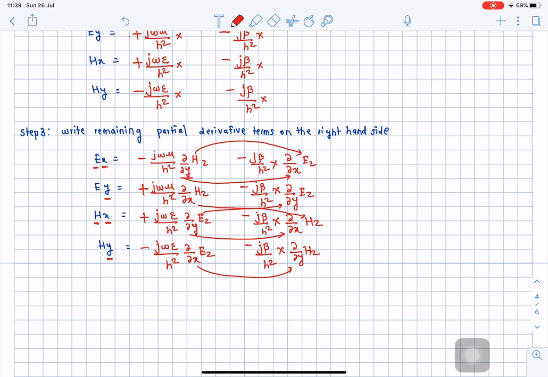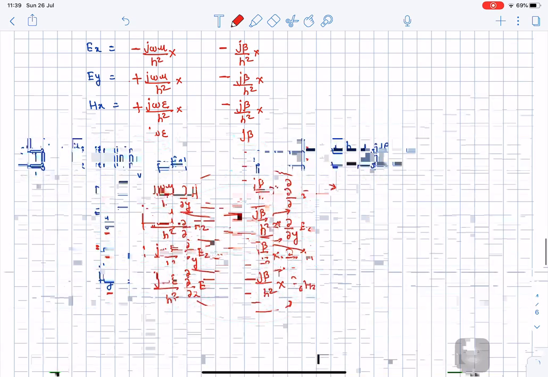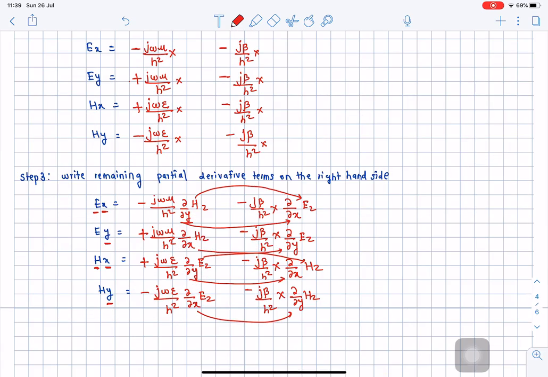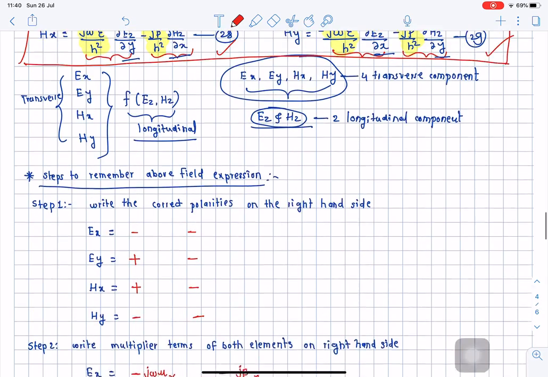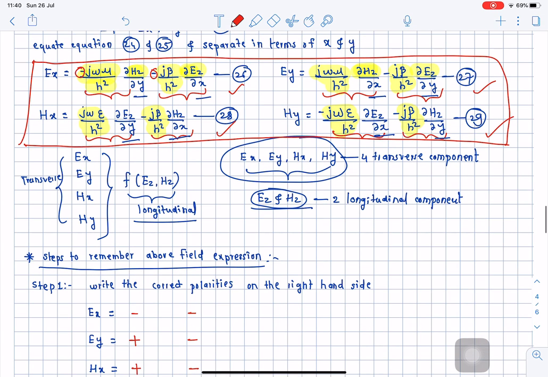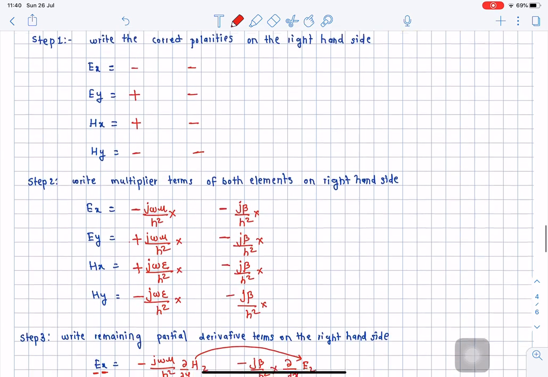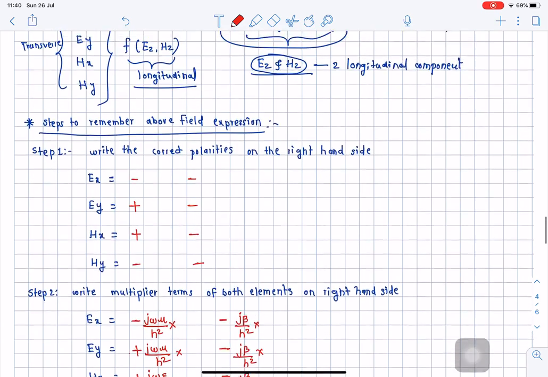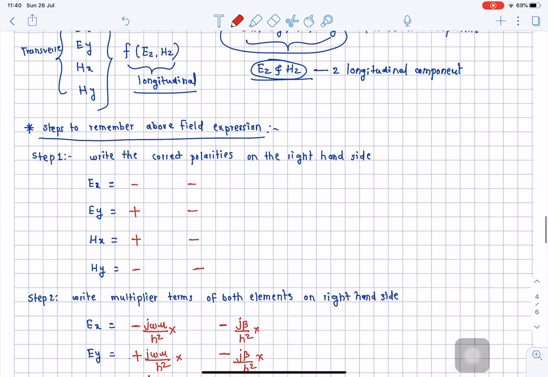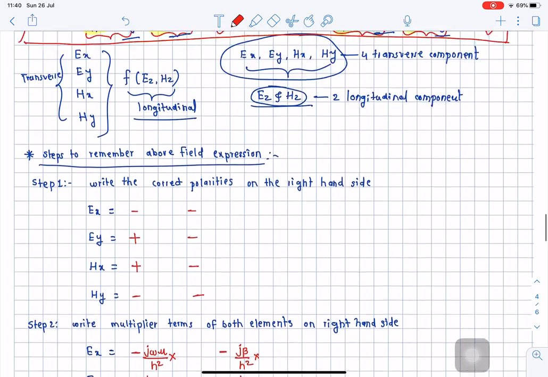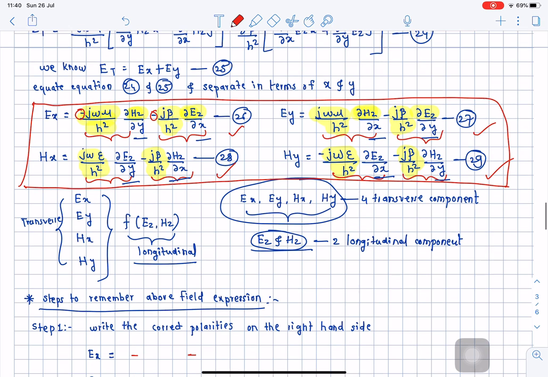Okay, so this is how, if you see, in step number 3 we have written the same field equations which we already received in equations number 26, 27, 28 and 29. So please recall this particular step in order to remember these equations 26 to 29.